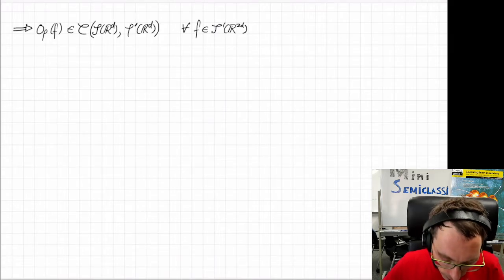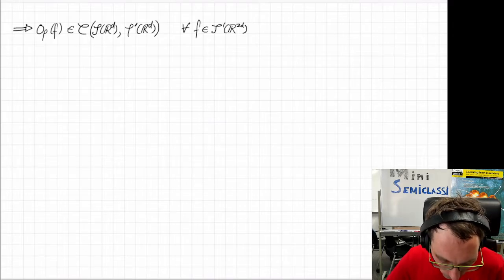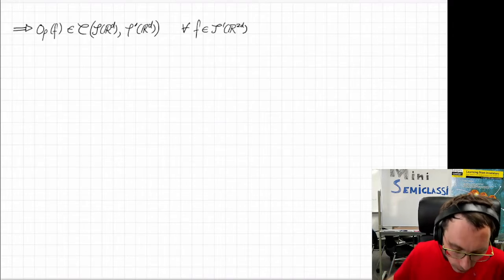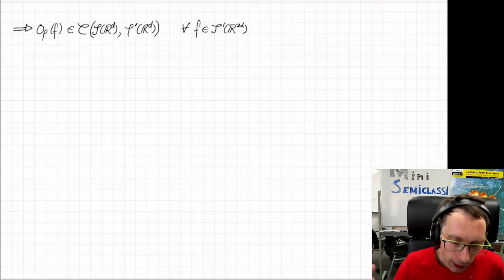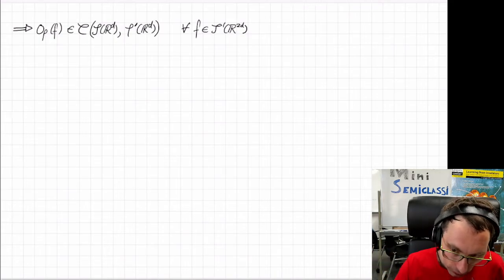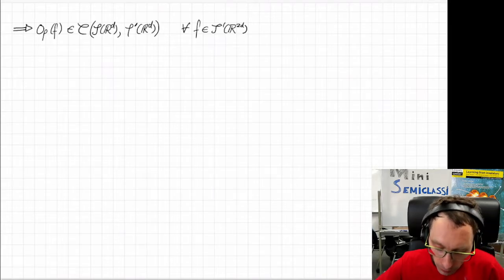Of course, this is not completely satisfactory. We would like to single out very nice distributions that have even better behavior.